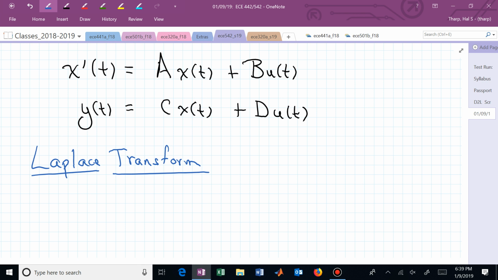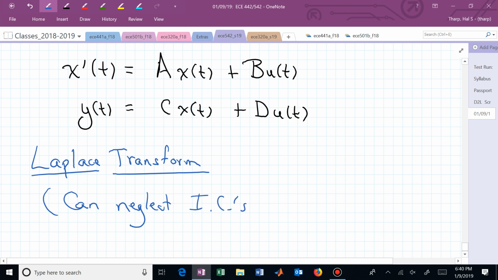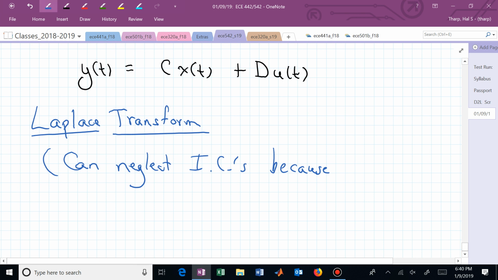So we want to convert this from the time domain, state space representation, into the frequency domain. And if we want a transfer function, we can neglect the initial conditions, because we are interested in the transfer function.